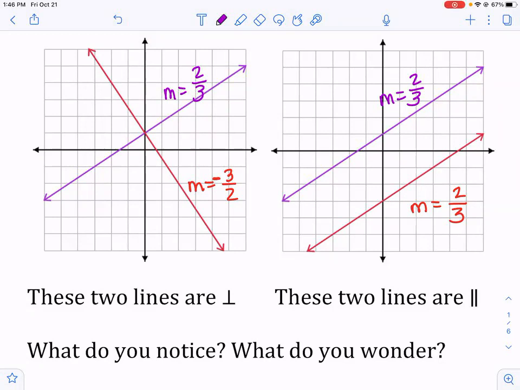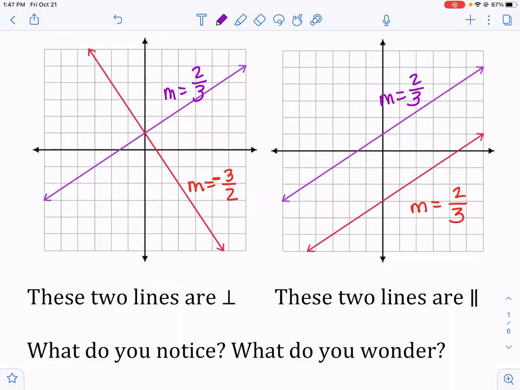Come here, Tyler. Can you tell him how you got 2/3? Start here. Go 1, 2. And you go, I know the purple with the red, same thing. Rise over run. I said rise over run.